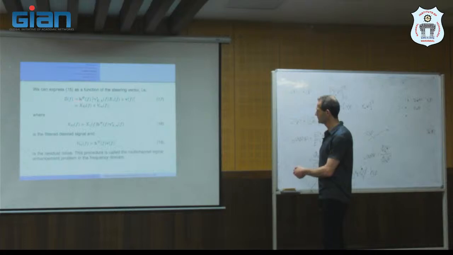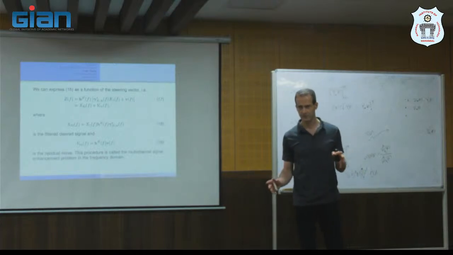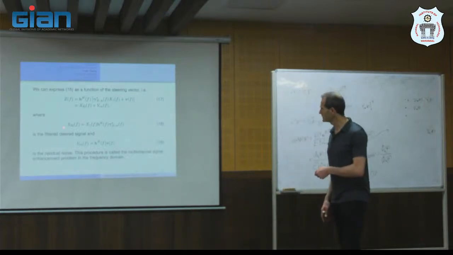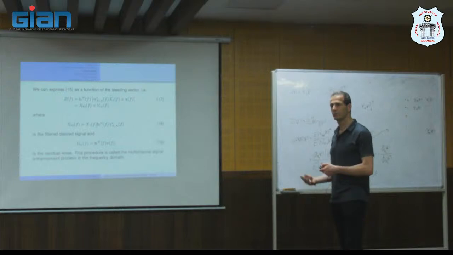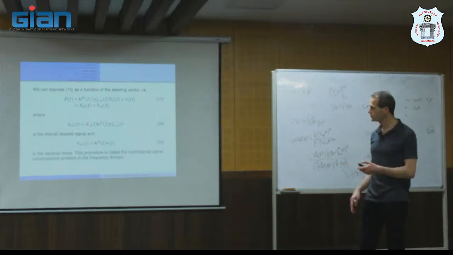This component, the filtered desired signal. See here? If I want no distortion, like the MVDR filter, the filtered desired signal should be what? X1, exactly. So X1. So the constraint or the requirement for MVDR, what will it be?